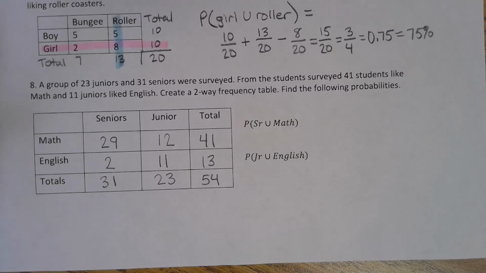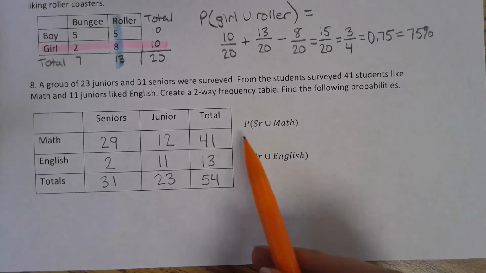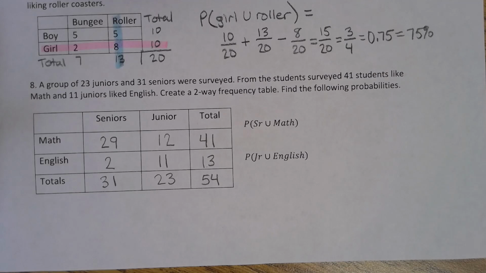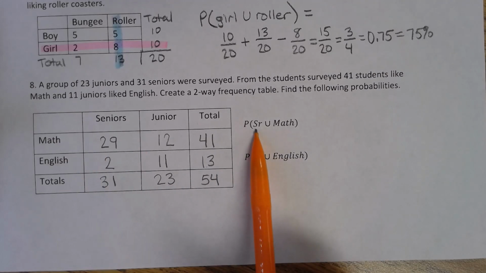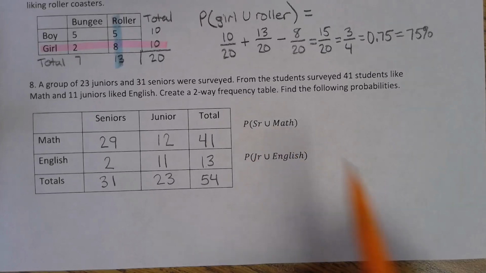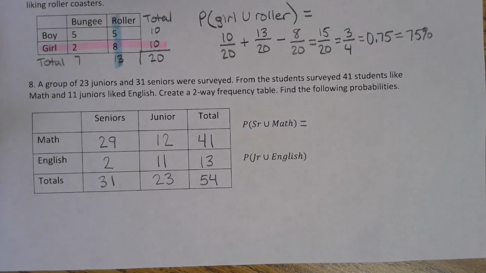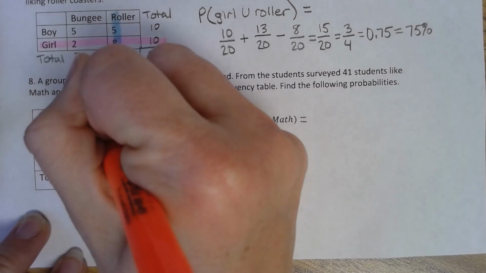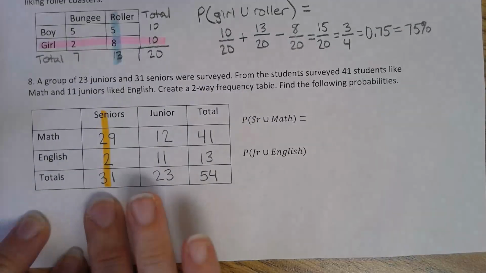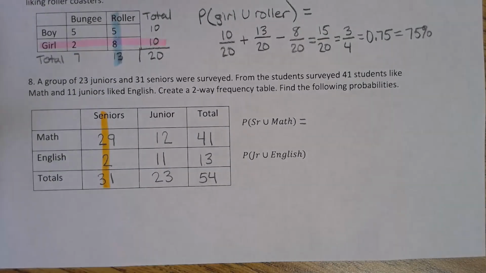So let's find the probability that a student in this survey is a senior or that they like math. Well, the chances of a student in this survey being a senior, so here are our senior students. There are 31 out of the total 54.